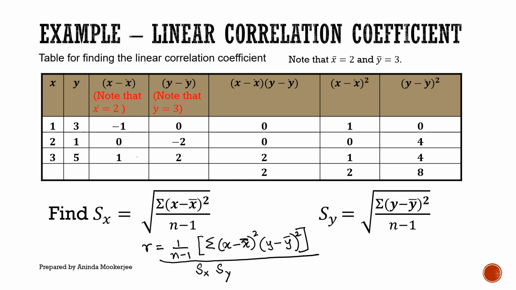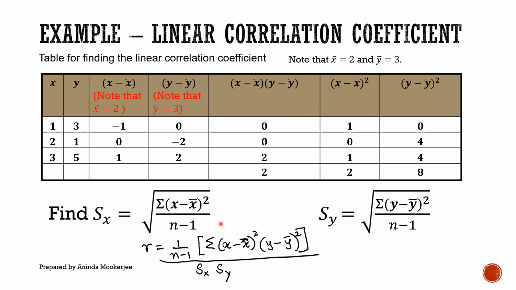Now, what are s sub x and s sub y? S sub x and s sub y are the standard deviations of the x values as well as the y values respectively. All right. So we have to find the standard deviation for all the x values and the y values. In addition, we also have to find the mean of all the x values as well as the y values, right?